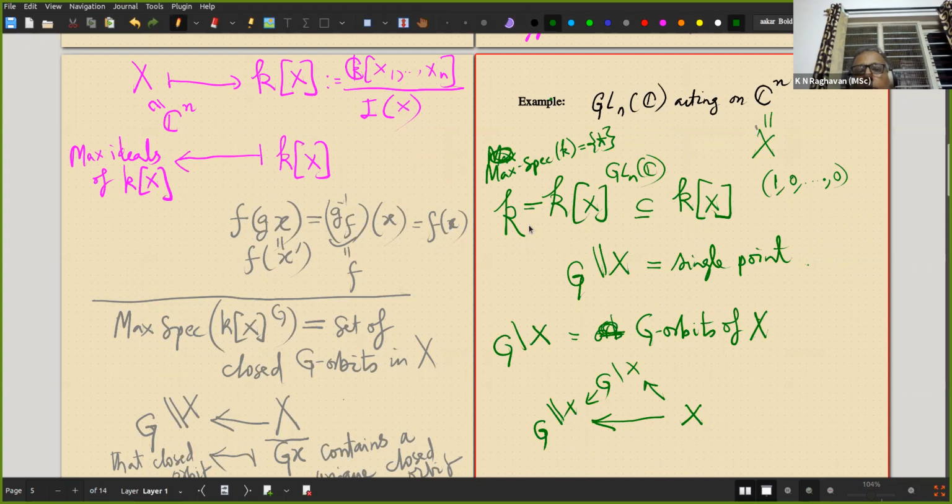However, if you have a map of affine algebras like this, one affine algebra over C contained in another affine algebra over C, then you take a maximal ideal here, contract it, you will get a maximal ideal. Okay, that is another version of the Nullstellensatz.